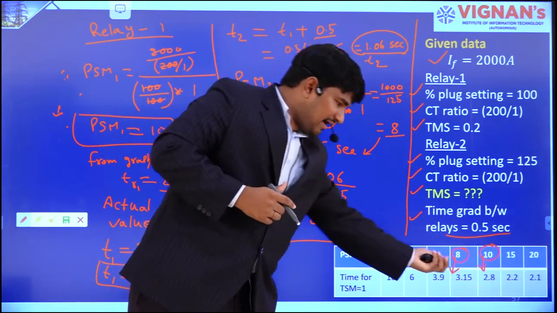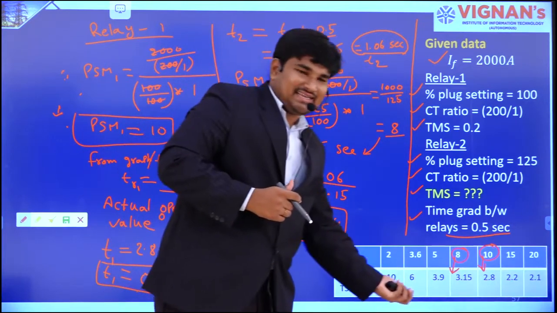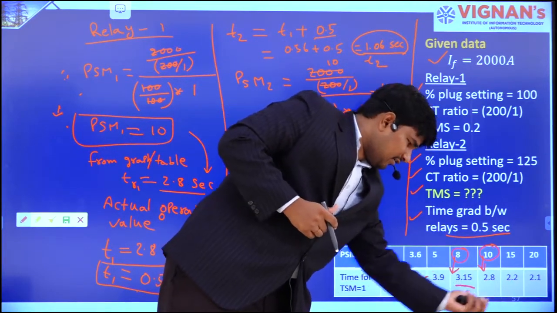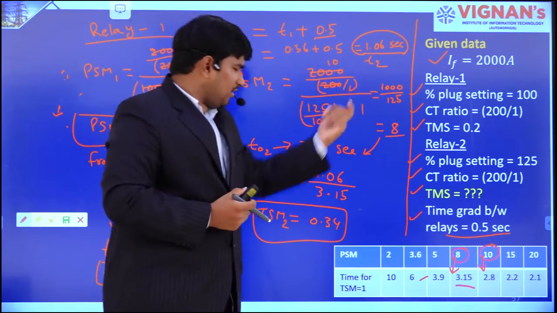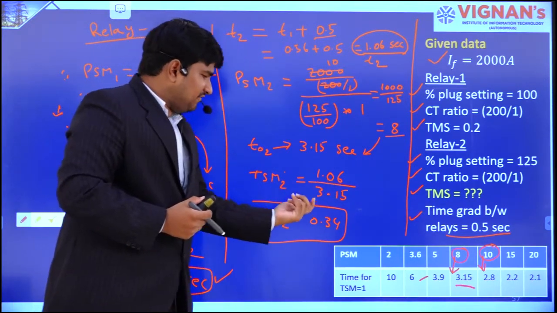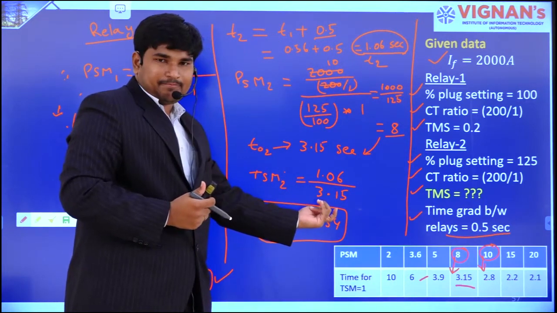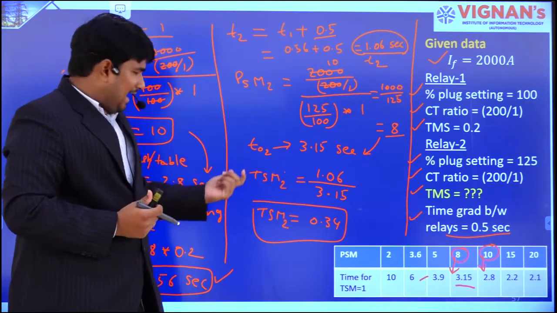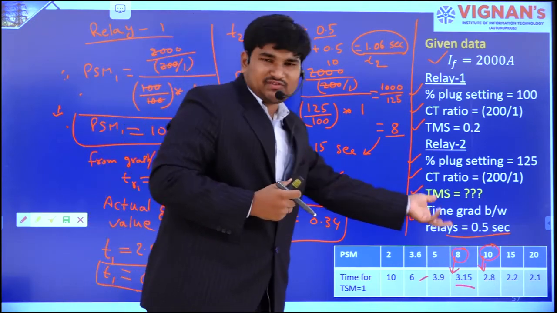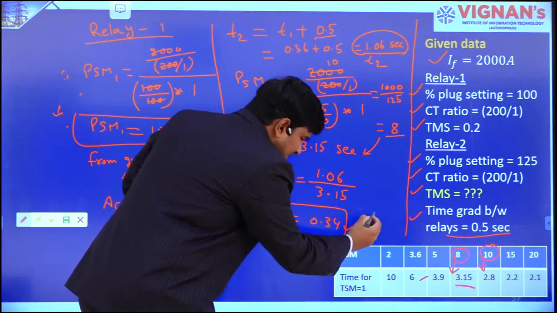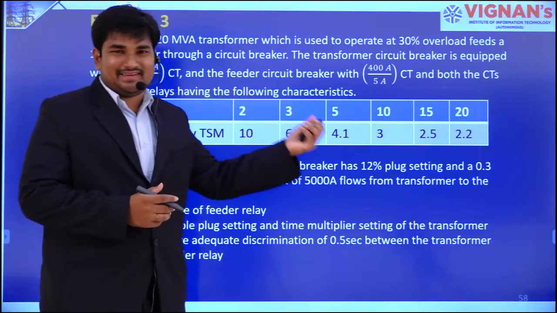So for a PSM equal to 8, the time for unity TSM is 3.15. So the actual operating time of relay, 1.06, divided by the time for unity TSM, 3.15, gives the relay 2 TMS value of 0.34, right?